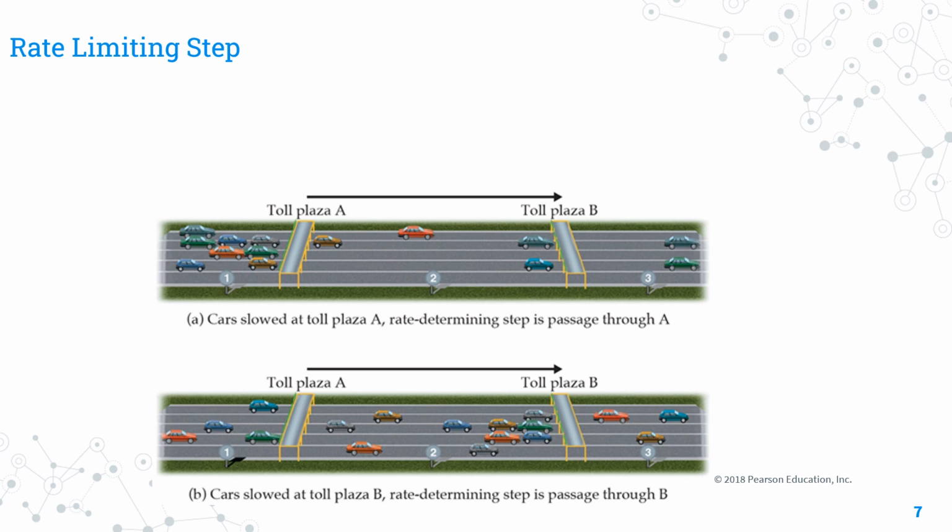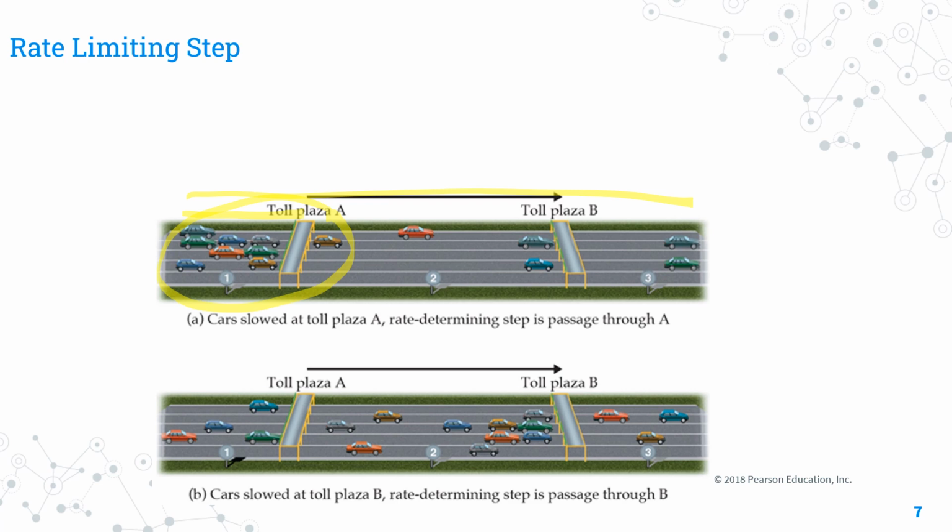What it is, the reaction can only occur as fast as its slowest step. So if I'm headed through like this toll booth scenario, I have toll A over here that is slowing everybody down. I can't get through this whole process any faster than toll A allows me through.